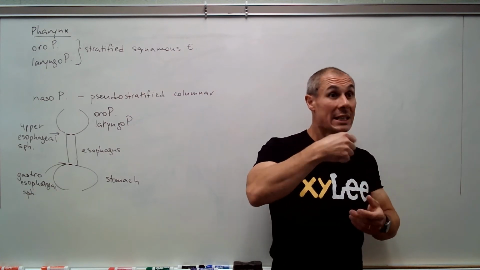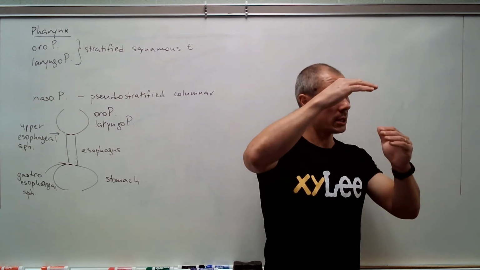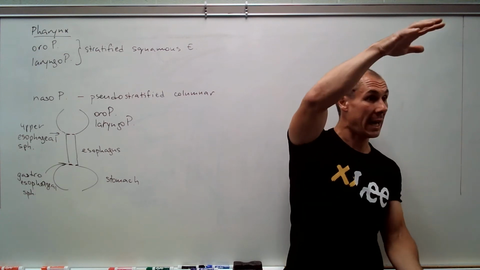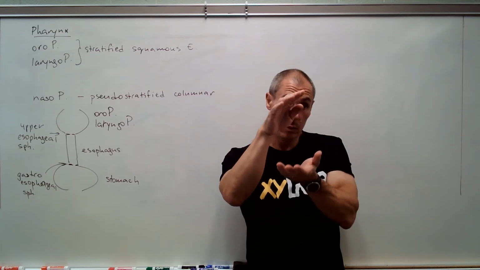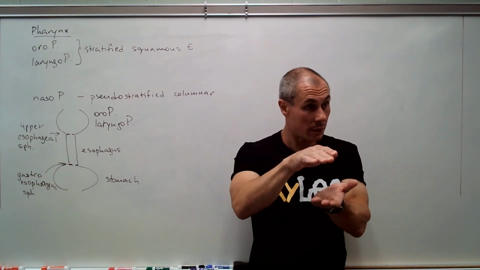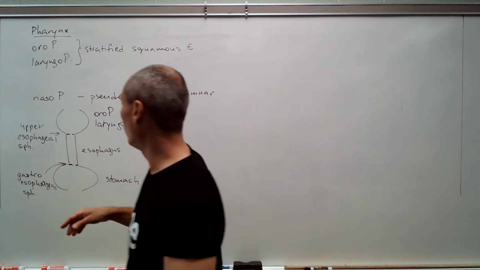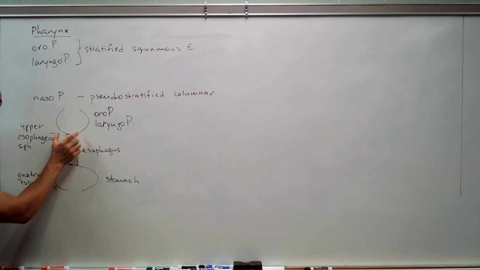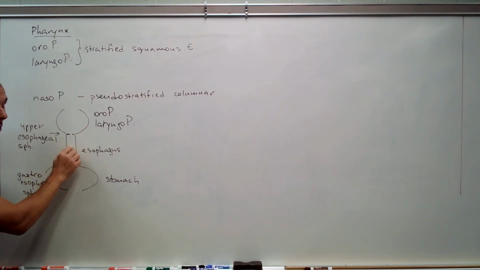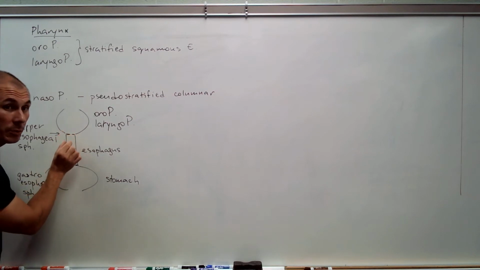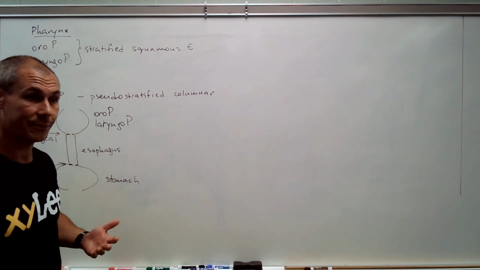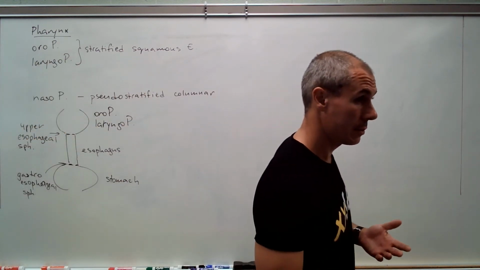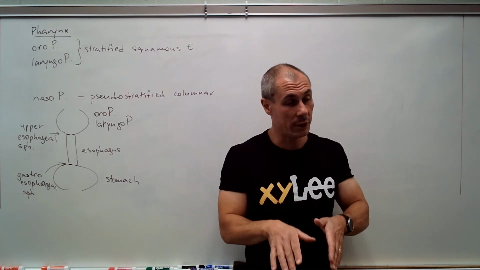That pressure signals to the muscle cells in front of the food, relax. Muscle cells behind the food, contract. So it will signal for the sphincter to open, food passes into the esophagus, right? Sphincter closes behind it, but peristalsis in the esophagus keeps moving food downward.